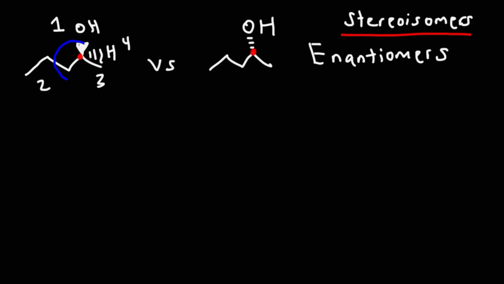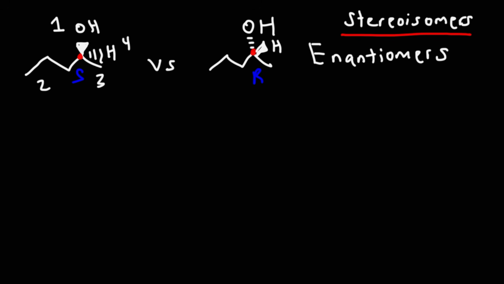So if we count from 1, 2 to 3, notice that we're going in the counterclockwise direction, and that will give us the S configuration. Now for the other one, hydrogen is in the front. So this is going to be 1, 2, 3. This would look like it's S, but because H is in the front, we need to reverse it, so we get the R configuration.